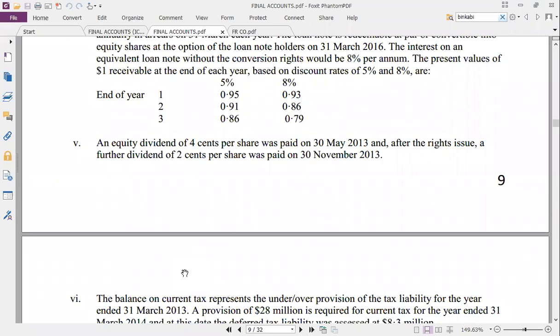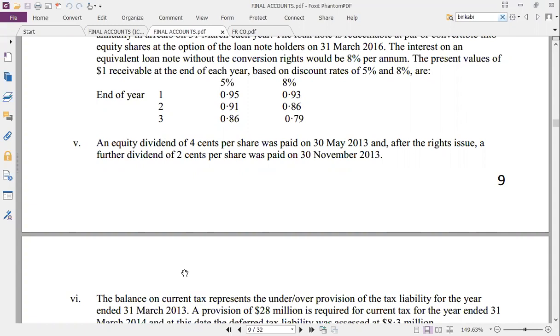Yeah, this is a very nice one. Now, to get the total dividend, you need to do some calculation. But here you can probably trick the examiner.